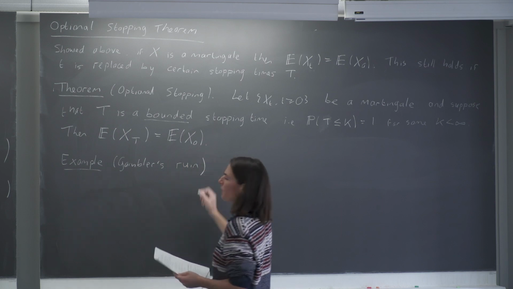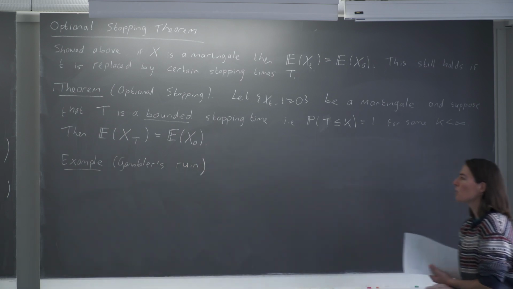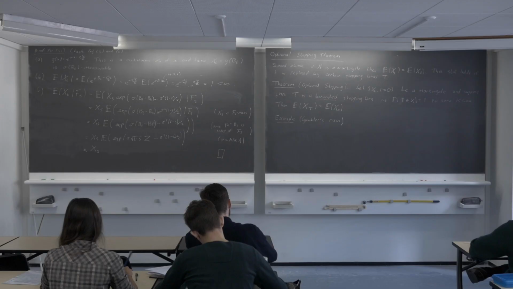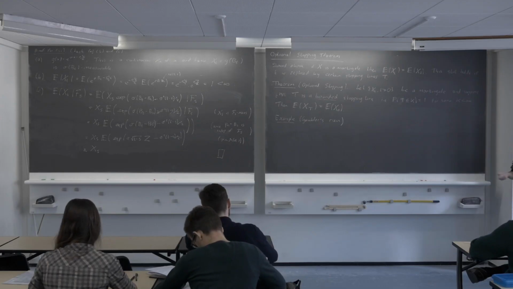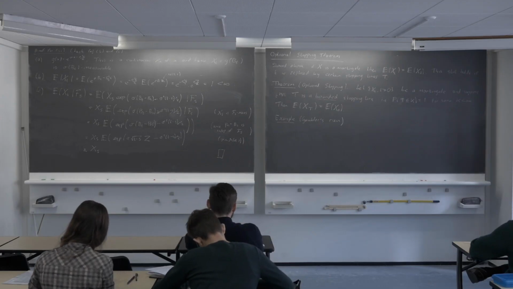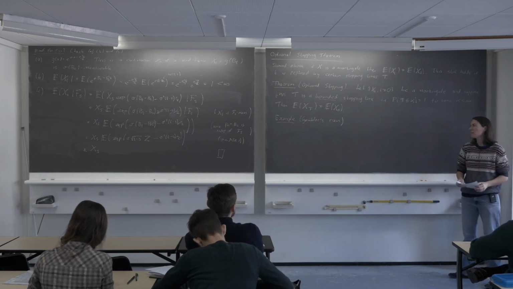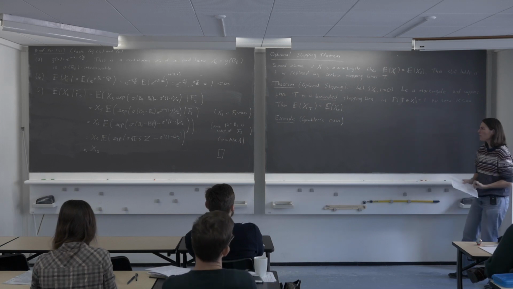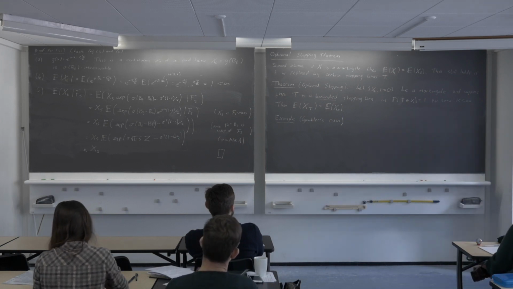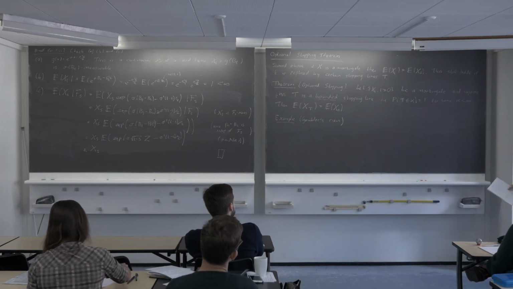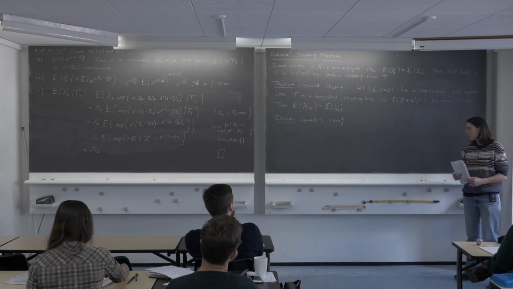Okay, so if you're a gambler, one of the things that you might want to know is, you might be gambling to make a certain amount of money. So supposing I want to buy a car. I'm going to decide, okay, my car costs 10,000 francs. I'm going to gamble until I've got 10,000 francs, but I'm only willing to lose 5,000. So I'm not completely crazy.